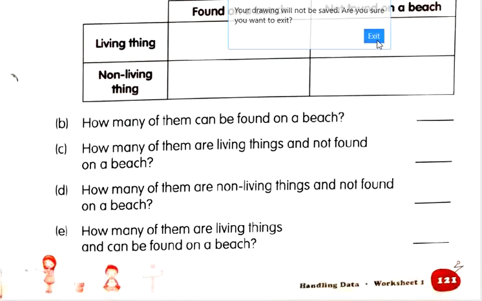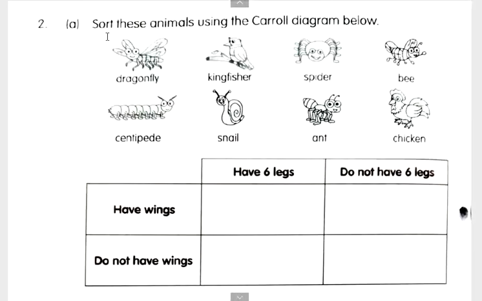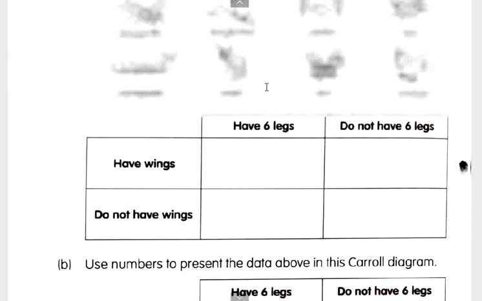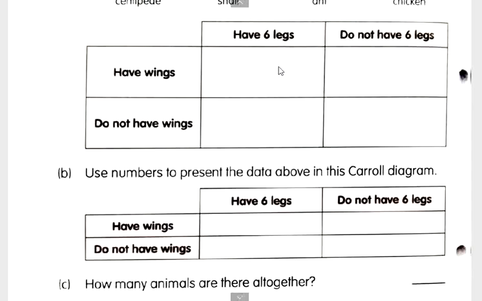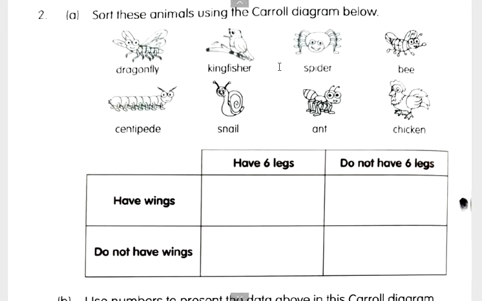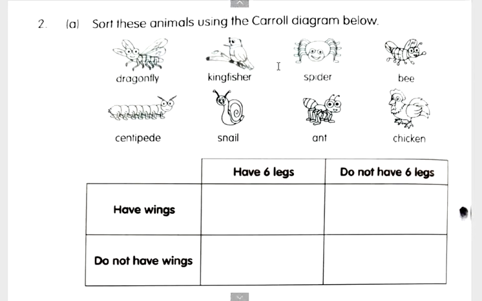So let's proceed to the next page. Number 2, question A, sort these animals using the Carroll diagrams below. Alright, so there is a table given, have wings and do not have wings, but have 6 legs and do not have 6 legs.